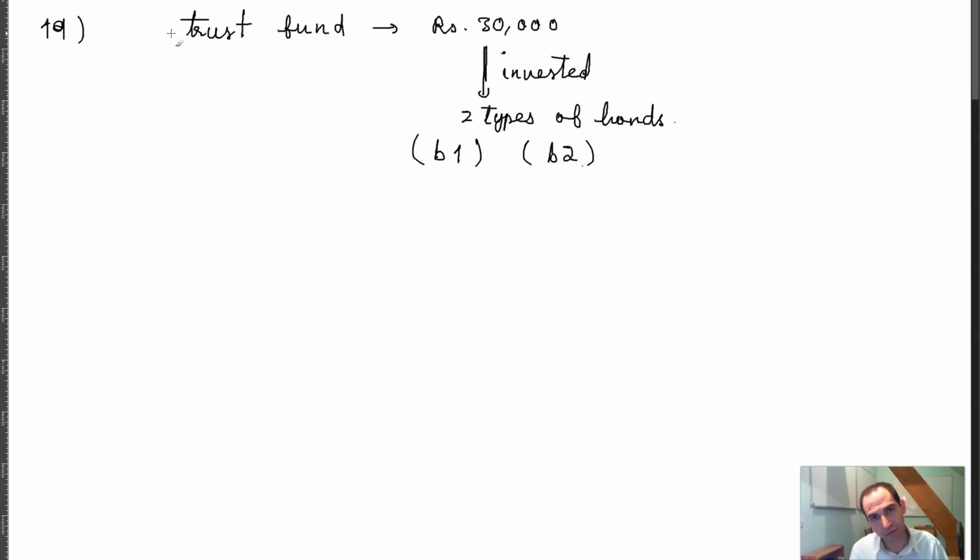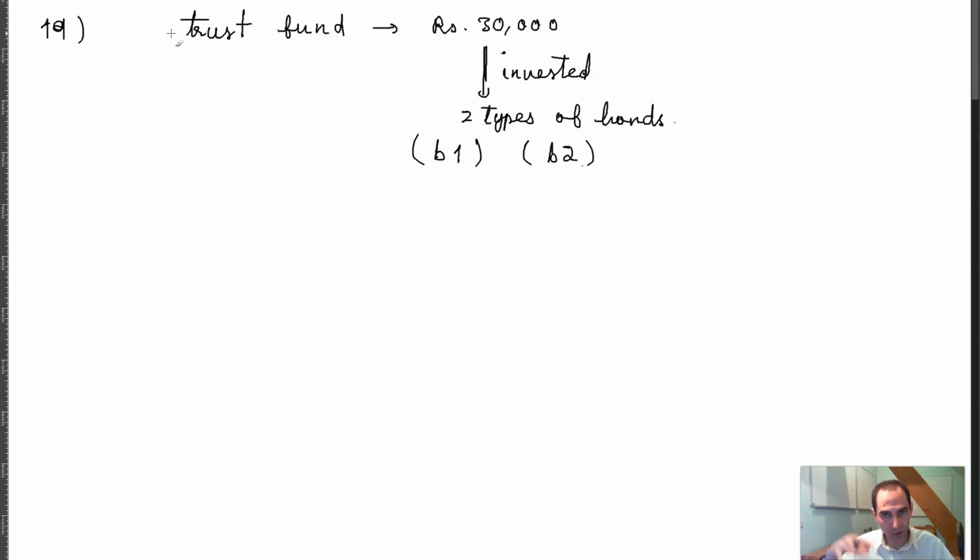And then this trust fund, because it's supposed to generate more money, usually what you do is you do something with the money. For example, you buy houses, you buy property, you buy something whose value increases over time.